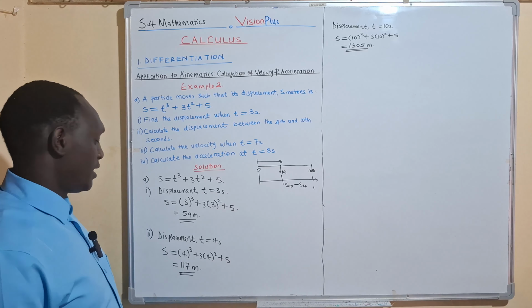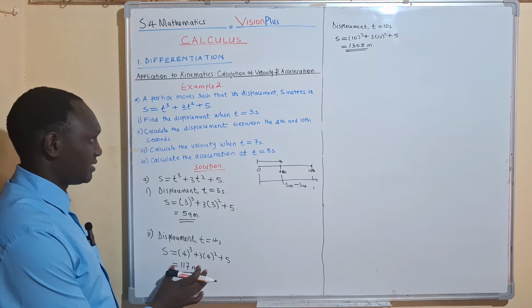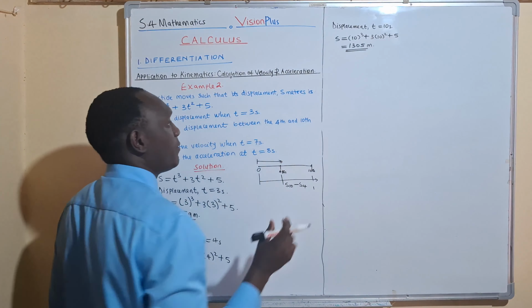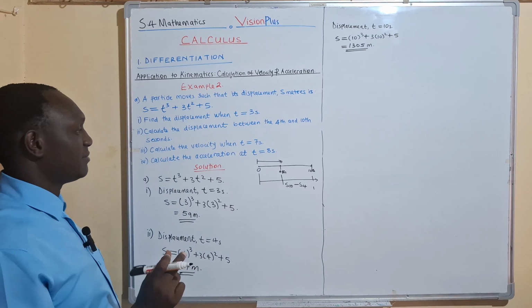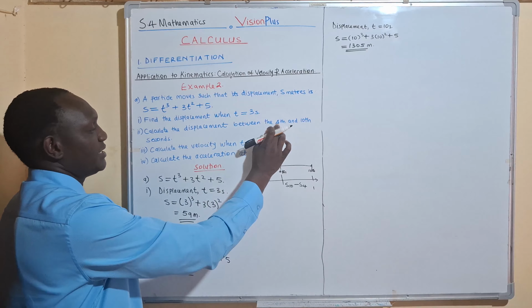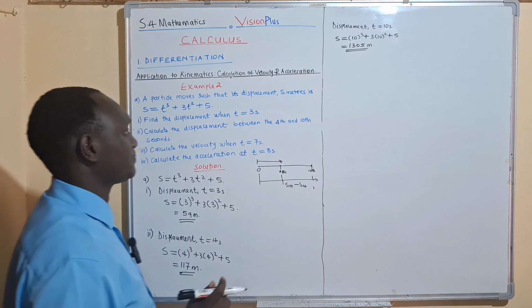Now, if after 4 seconds the particle is at this distance, after 10 seconds it goes further to this distance. What is the distance between the two times, when the time is 4 and when the time is 10 seconds?